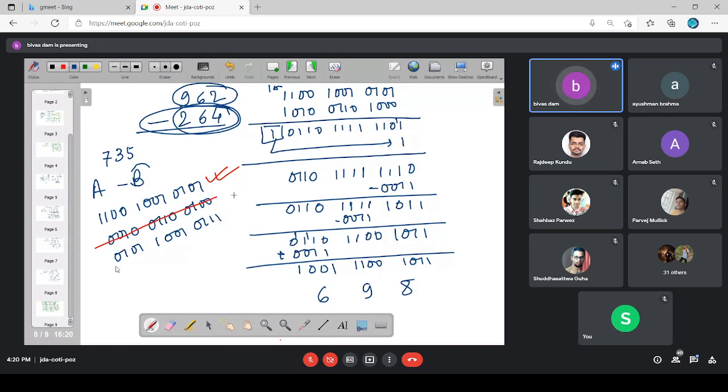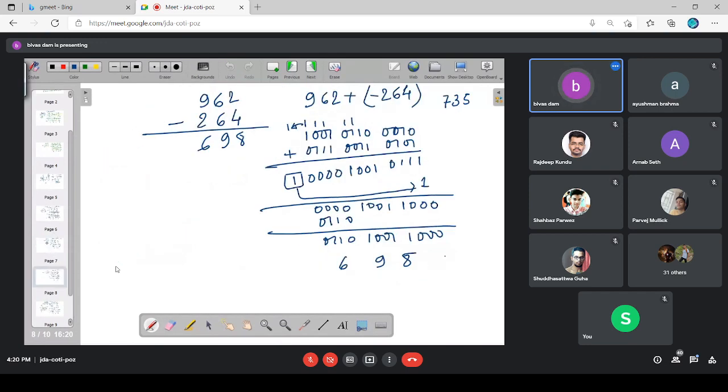And if you go for the normal BCD addition, that means if you go for the subtraction using the 9's complement with the normal BCD numbers, in that case the inputs are 1001, 0110, 0010, and then B is 2, that means 2, 6 is, 4 is.